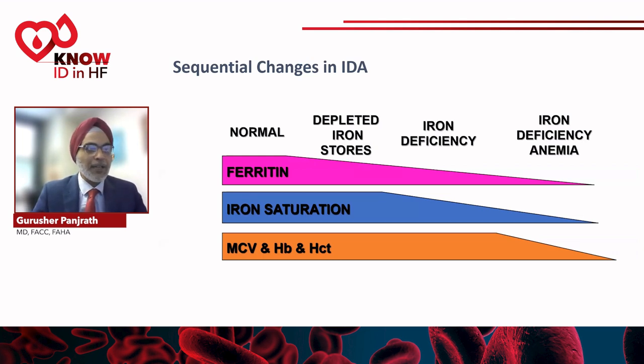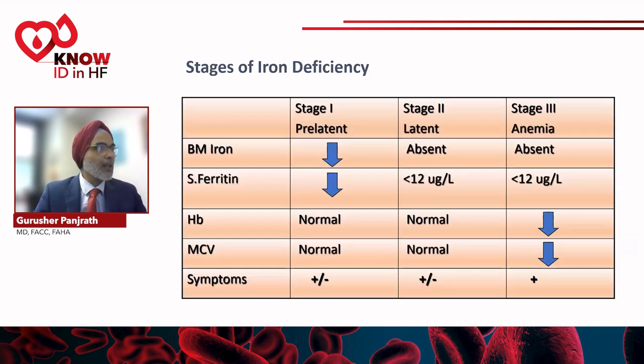Iron saturation goes down, and later in the stage, hemoglobin and MCV have changes as we discussed before. These are again a way of taking a look at different stages and different findings which may be prevalent in different stages. Again, highlighting that in early stages, some of those classical anemia definitions may be missed.